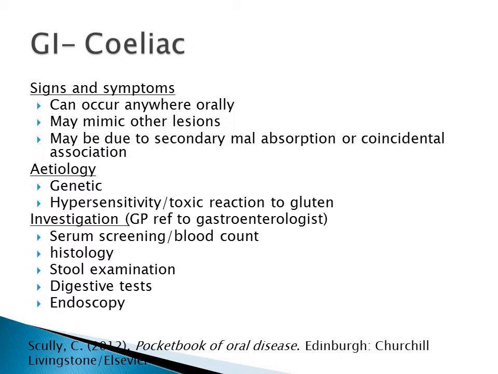Okay, celiac disease is another GI disorder. Signs and symptoms are variable ulcerations and can occur anywhere orally, glossitis, angular stomatitis, enamel hypoplasia, and may mimic other lesions. So even though we don't have these signs and symptoms in our case, they could result from celiac mimicking a lesion.